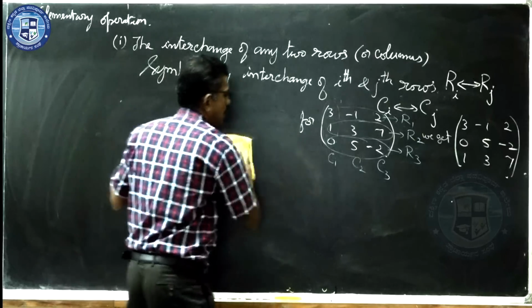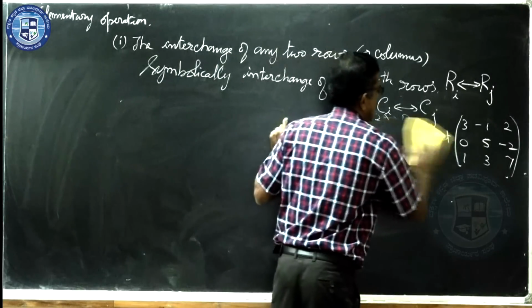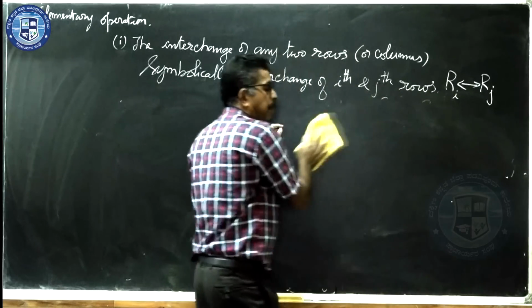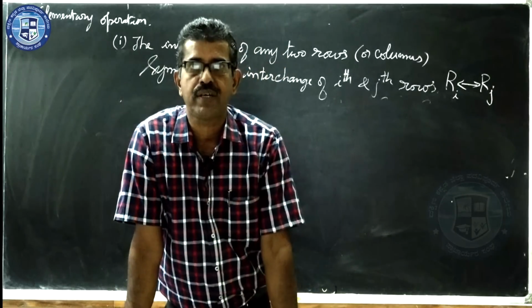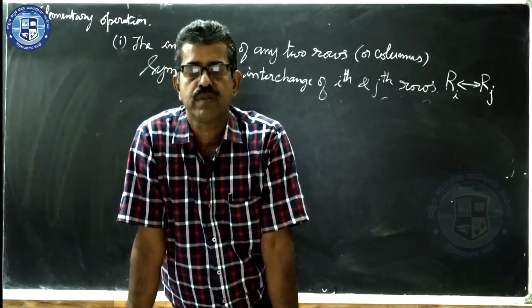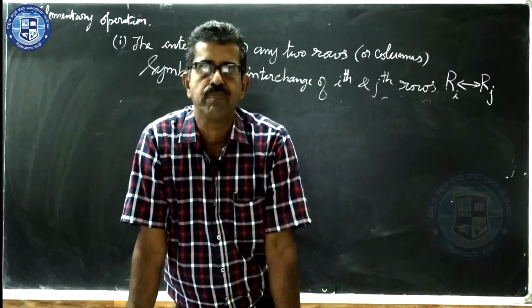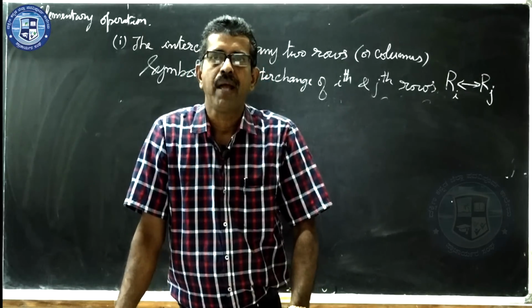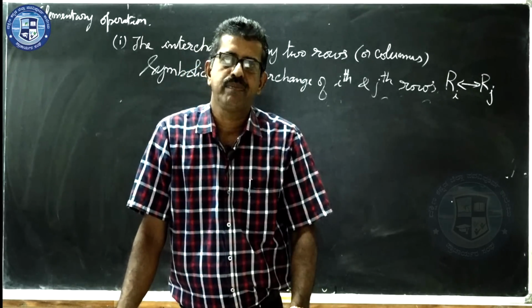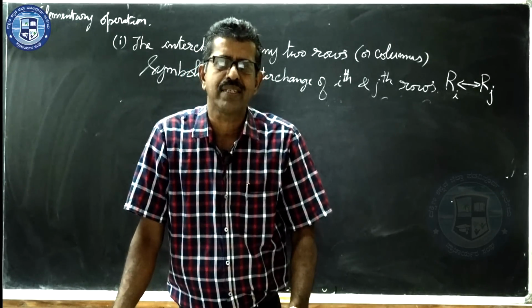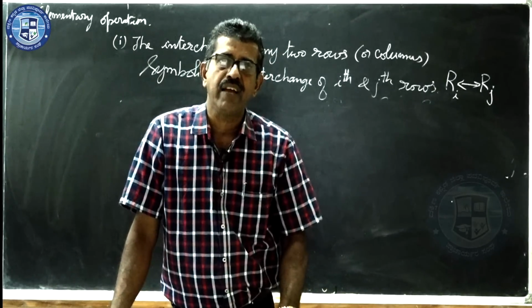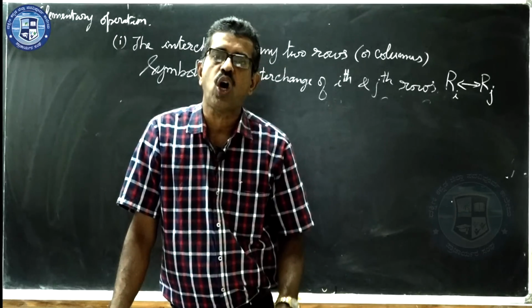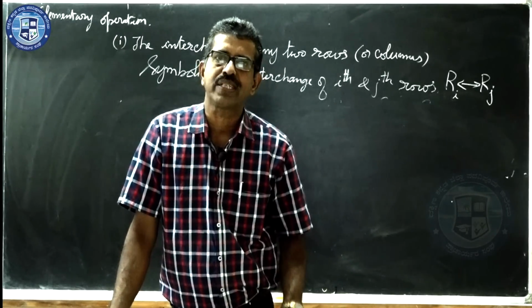Now, the second basic elementary operation is the multiplication of the elements of any row, and it is also applicable for columns. Any row or column is multiplied by a non-zero number, which is known as a scalar, some k. Multiply each and every element of any row or column by some constant k.